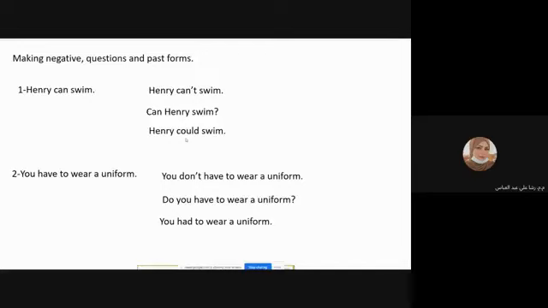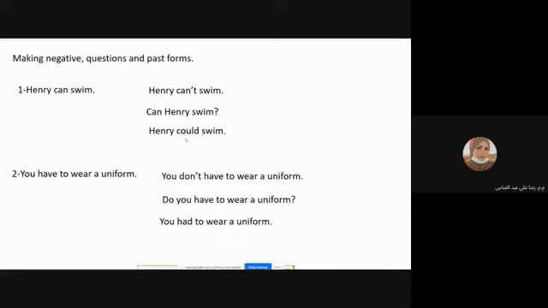Could you pass me the salt? Here it expresses a request, in the present or in the future. So we use could to express a request in the future.